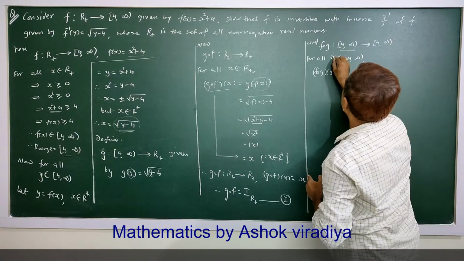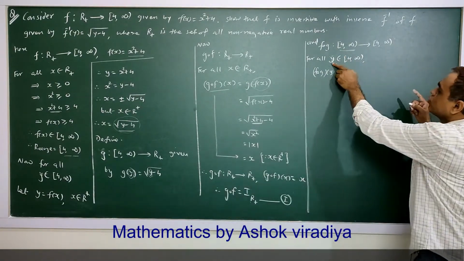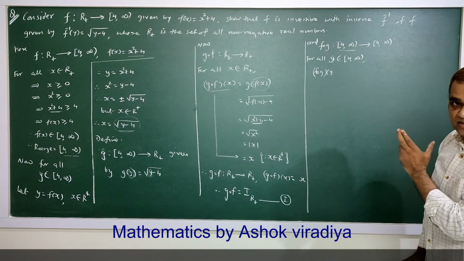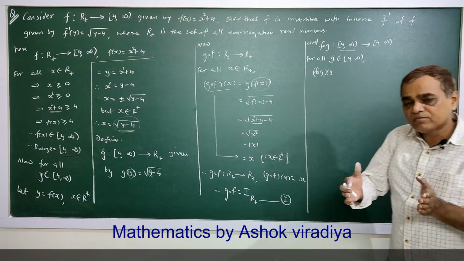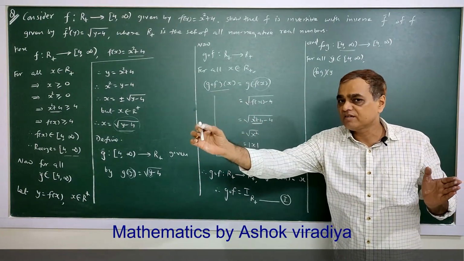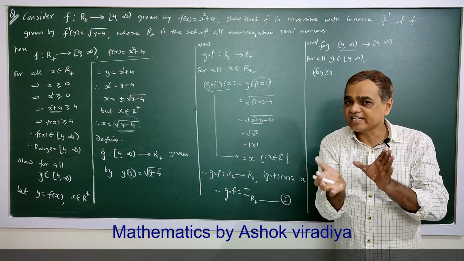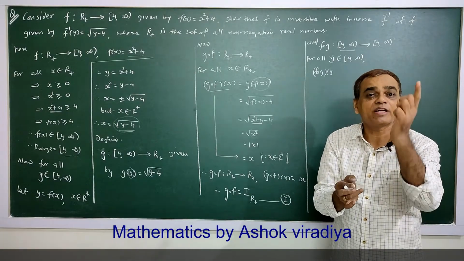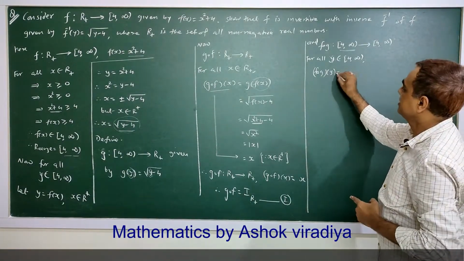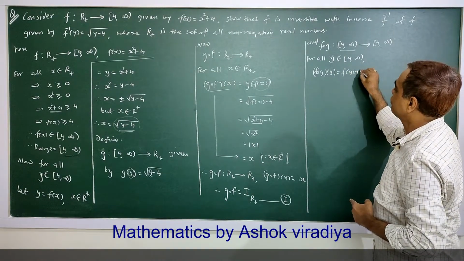You can also use x, but we keep a common habit: when finding g∘f, we will use x, and when finding f∘g, we will use y as the variable. So (f∘g)(y) is f(g(y)).